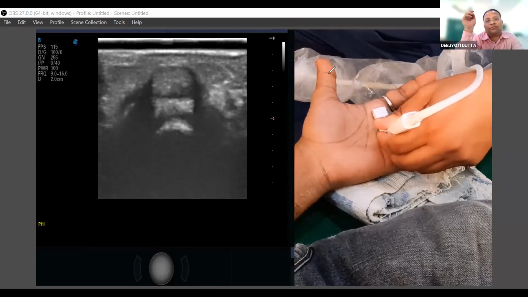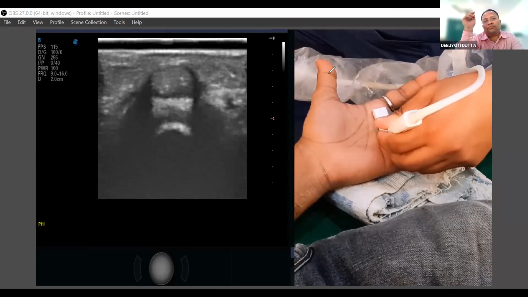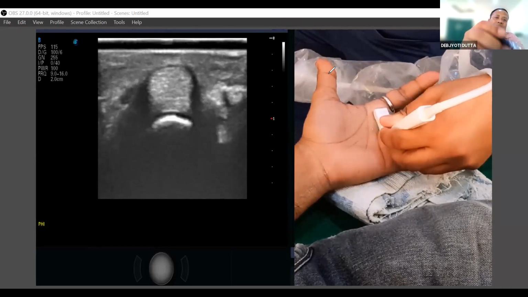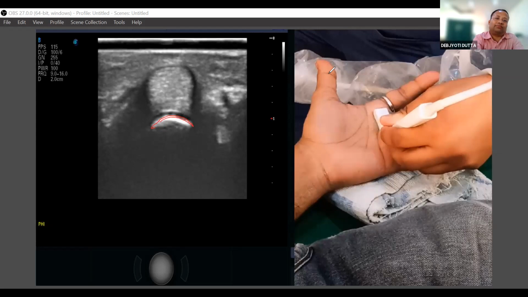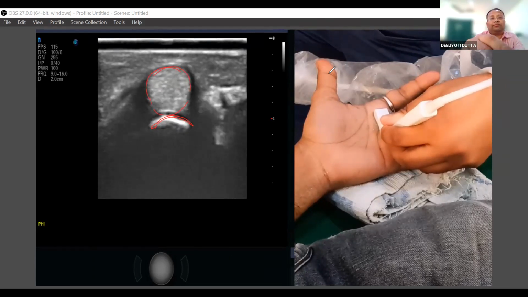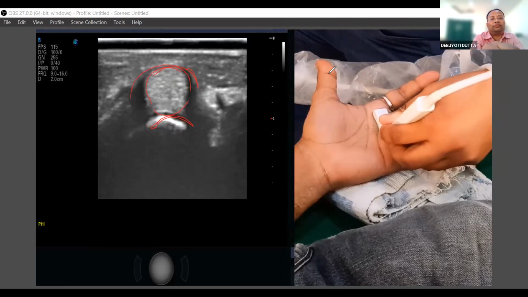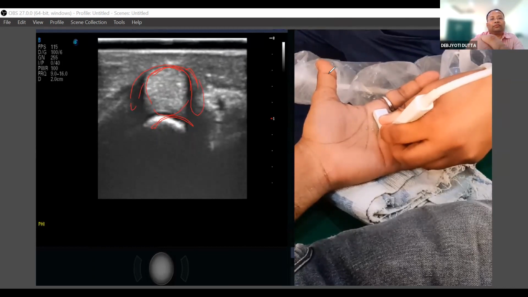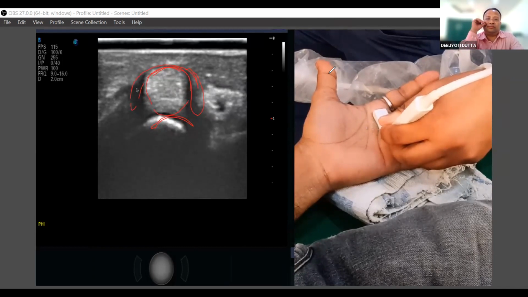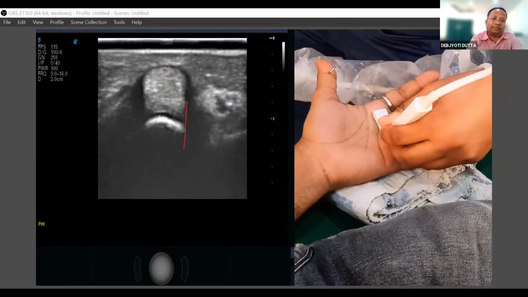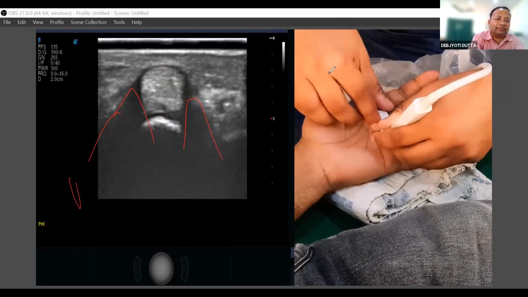Yes. So here exactly at this area, we are able to clearly see the bone. We are able to clearly see the flexor tendons, and by the side, the anisotropic part of the A1 pulley.